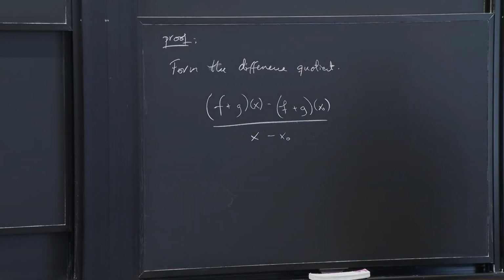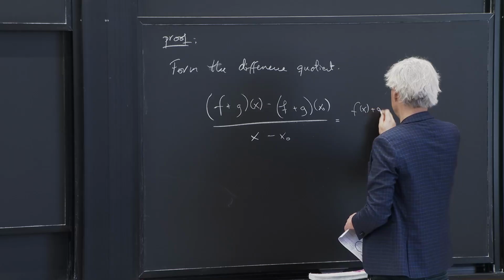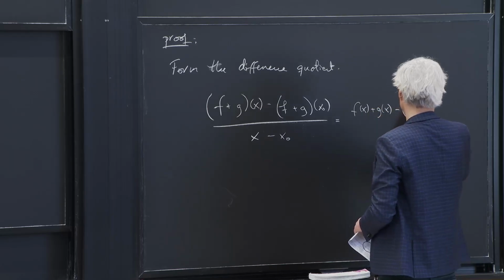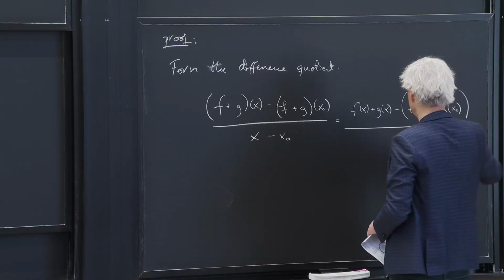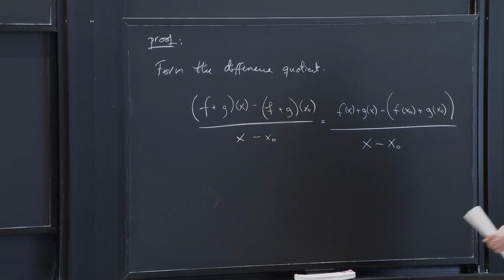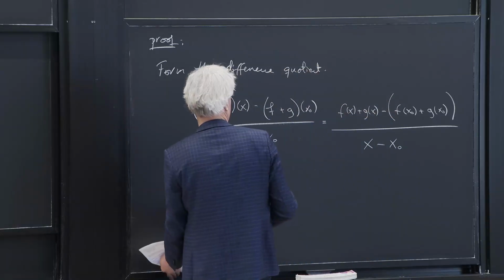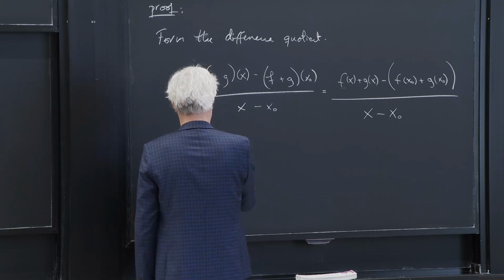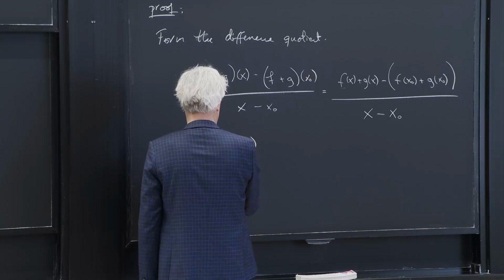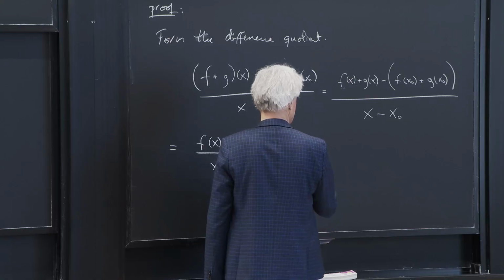Right, so now what is this? This is just f of x plus g of x minus f of x0 plus g of x0, and then divided by x minus x0. Right? And so then you can split this up into two. You collect the f's, and then afterwards you put it on two different fractions, separate them out, and then you collect the g's.